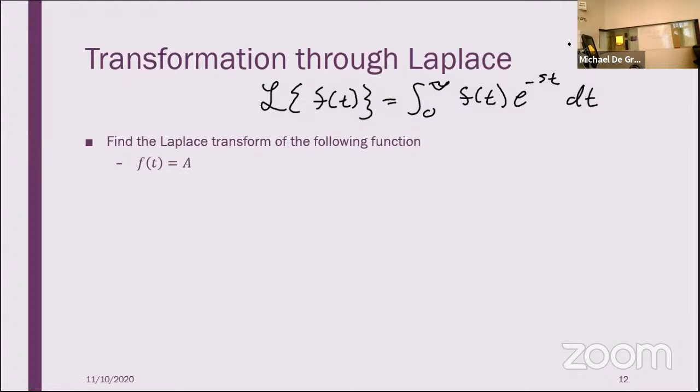Put it in front, and then you're just left with e to the negative st. So negative s, that would be the derivative. So if we want the integral, how do we integrate that and get back to e to the negative st? Well, the integral must be the antiderivative in that case. And the antiderivative would be, for this, negative 1 over s times e to the negative st.